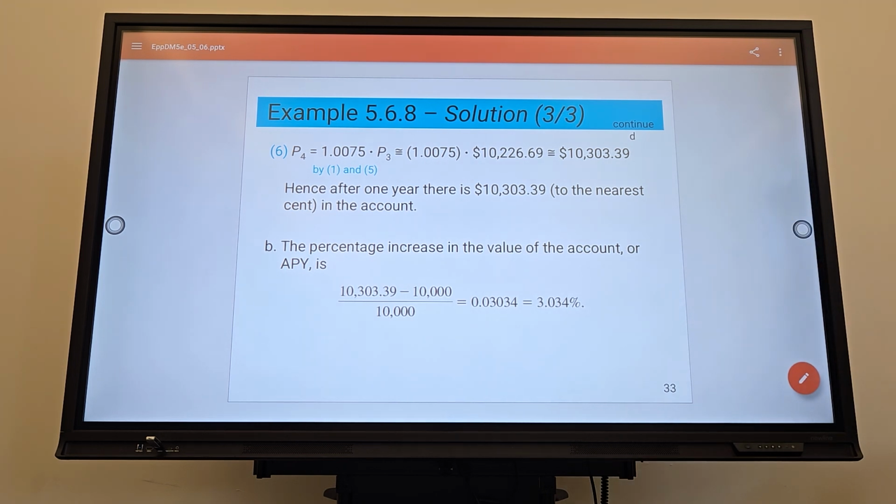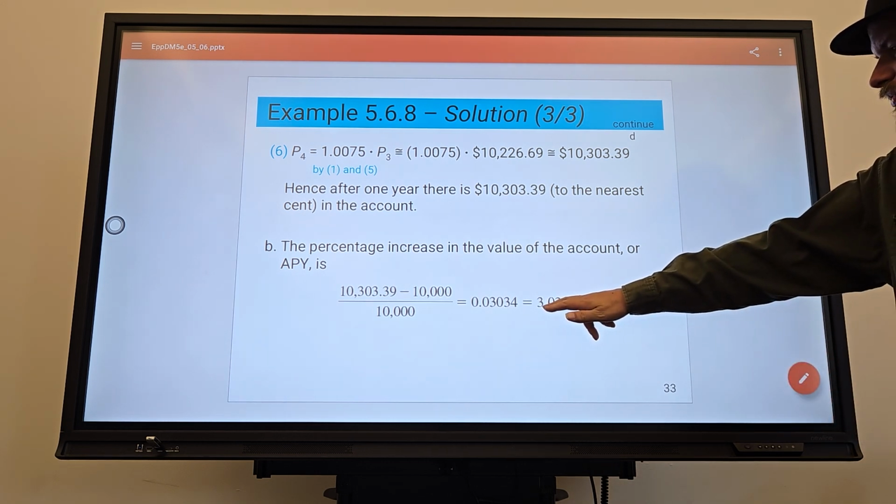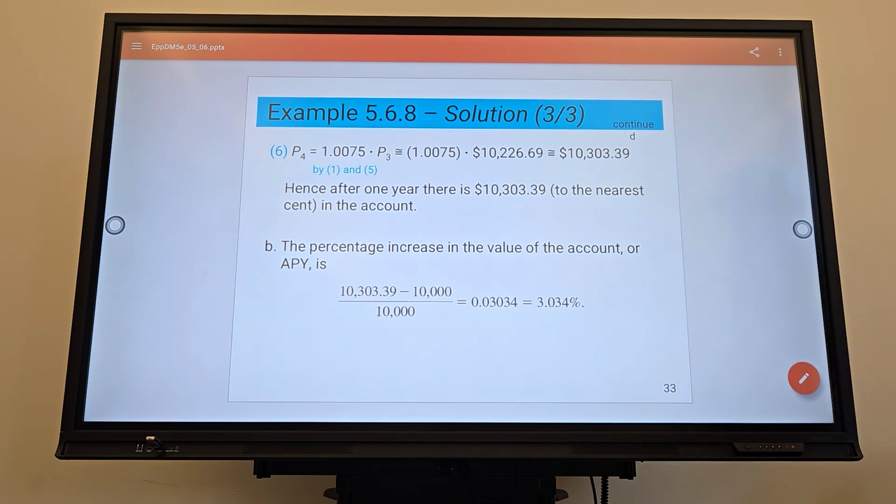Hence, after 1 year, there is $10,303.39 in the account. The annual increase in the value of the account, or the annual percentage yield, is slightly higher than the APR: 3.034%.